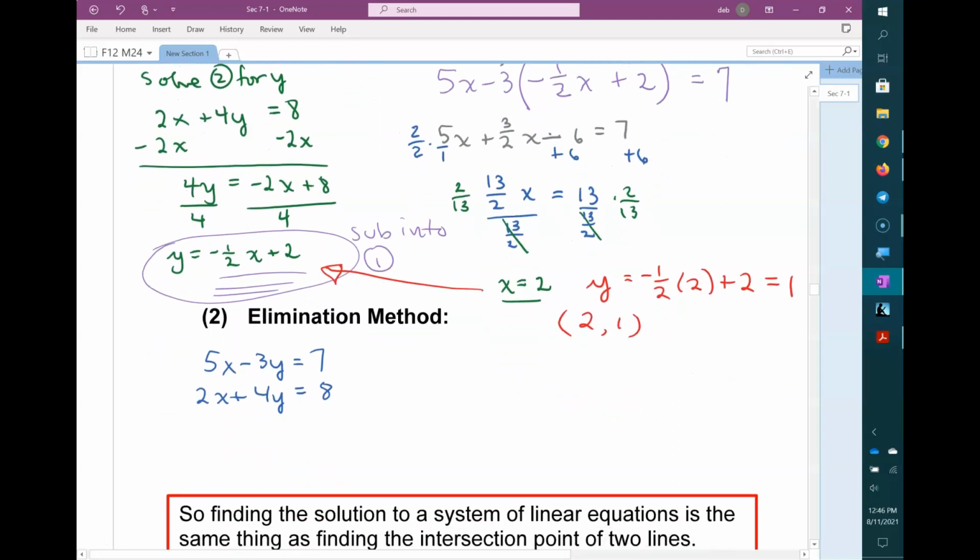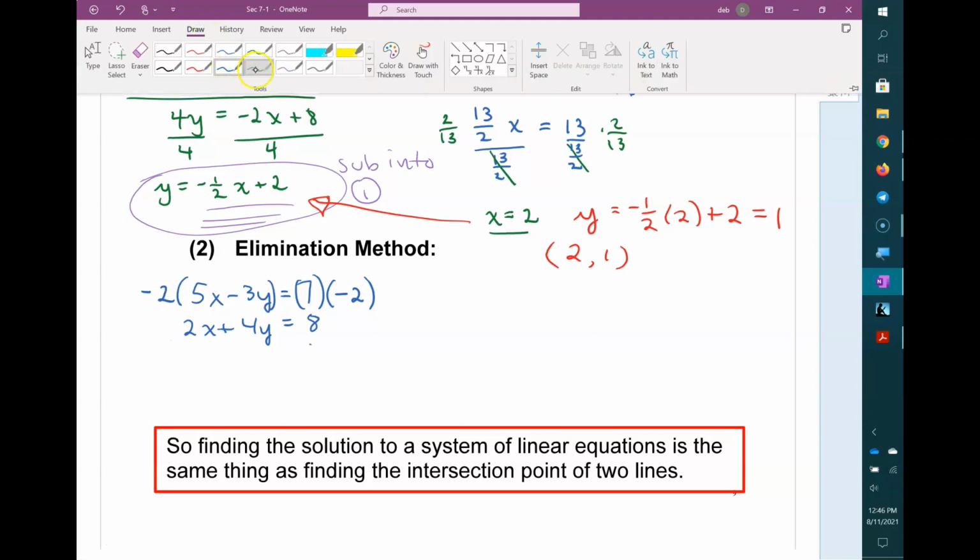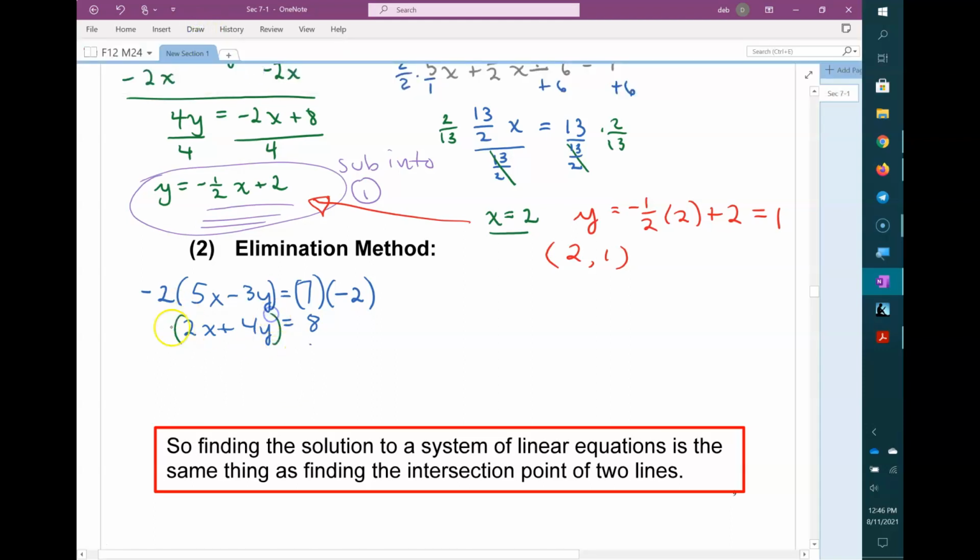So I have 5x in the first equation and 2x in the second equation. Do you see how if I multiply the first equation by negative 2 and the second equation by 5, now I'm going to have negative 10x in the top equation and 10x in the bottom equation, so the x's will eliminate. That's why that's the name of this method.